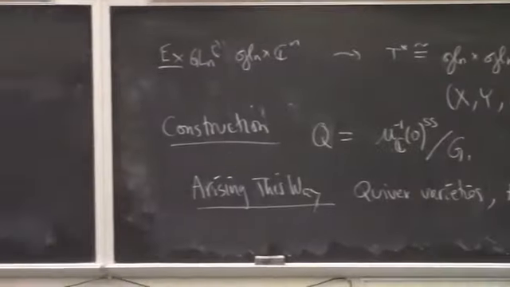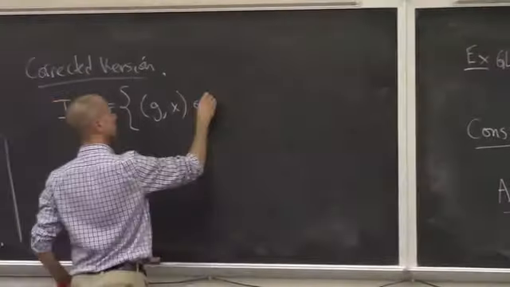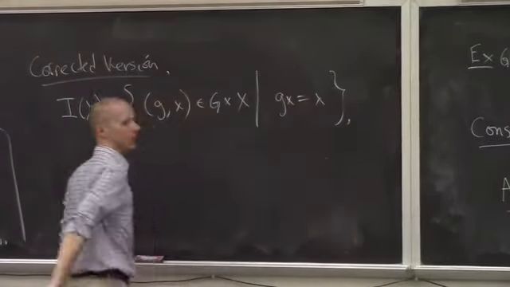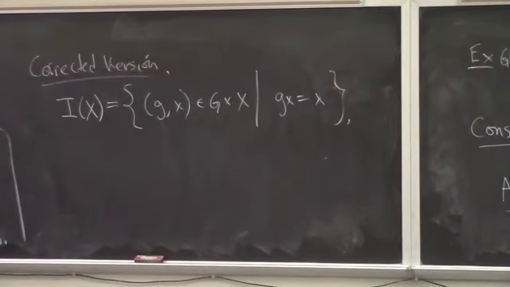So here's a new space, consisting of pairs g comma x, with the property that g is in the stabilizer of the point little x.